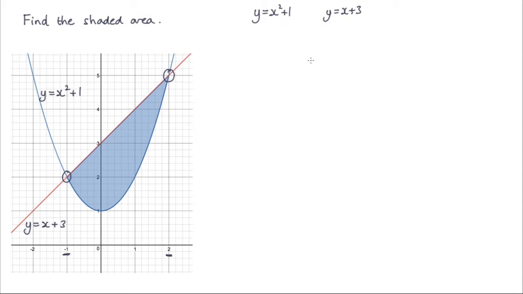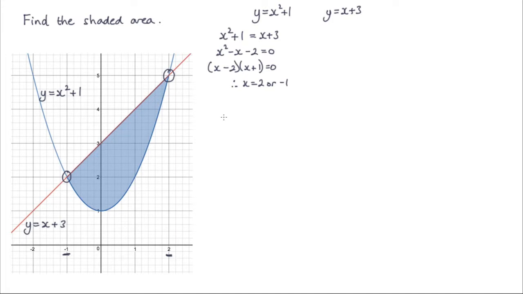So if we put those equal to each other, x squared plus 1 is equal to x plus 3, we can rearrange this to get x squared minus x minus 2 is equal to 0. That will factorize into x minus 2 and x plus 1 equal to 0, and therefore x is equal to 2 or -1, and that's as we expected.